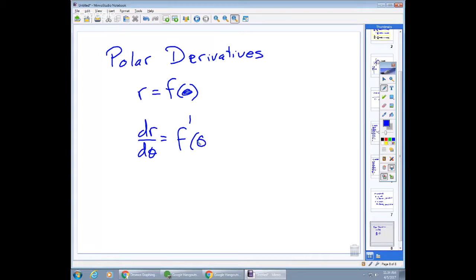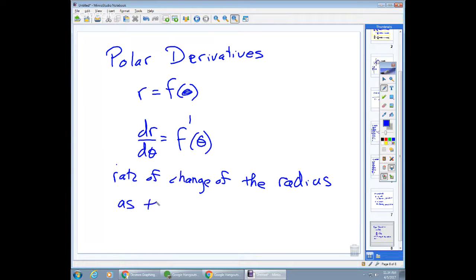The question is, what does f prime of theta mean? Well, in words, it's the rate of change of the radius as the angle changes.